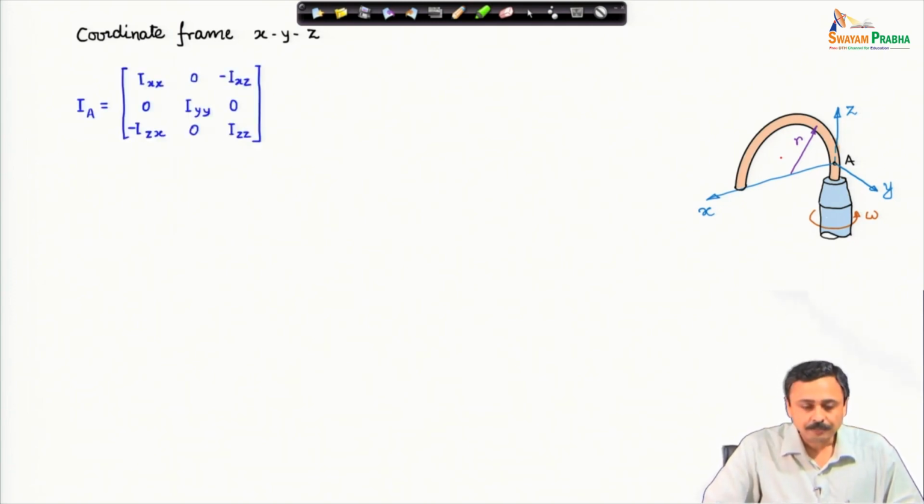The moment of inertia tensor for such a rod will have a general representation, but because the rod lies completely in the x z plane, apart from the diagonal terms I x x, I y y, I z z, we will have the product of inertia I x z. The other products of inertia will be 0.